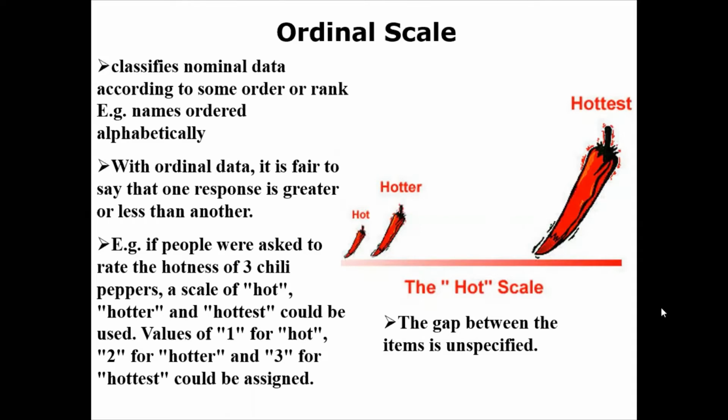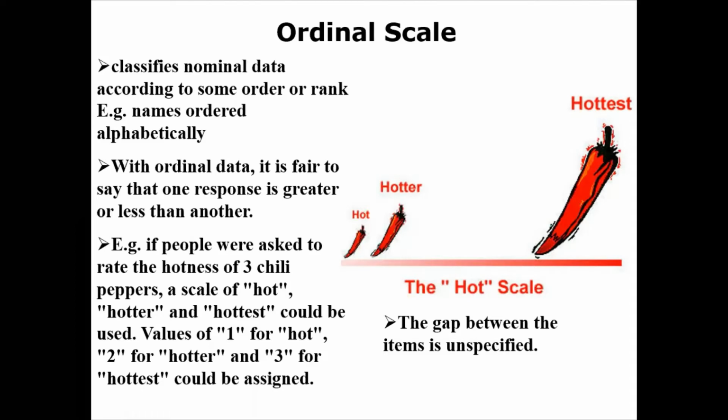With ordinal data, it is fair to say that one response is greater or less. So in ordinal data, if someone gives the first rank to one objective and the second rank to another objective, that means 1 is highest and 2 is lower. So here it represents some order.